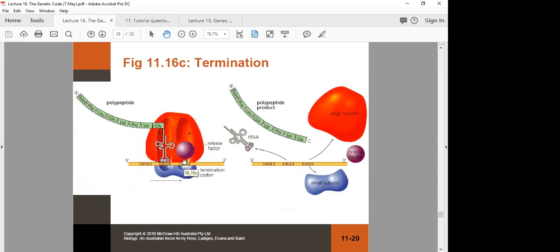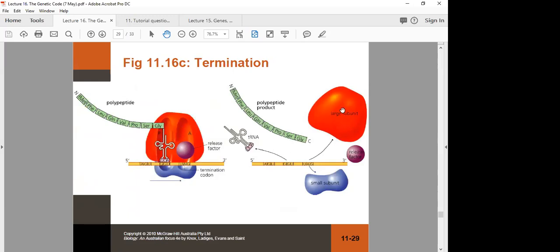Instead, the translation process stalls here, and then other proteins come into play. These are called release factors, and they will enable the newly synthesized polypeptide chain to be released from the transfer RNA. It will also enable the 2 ribosome subunits to be separated from each other.